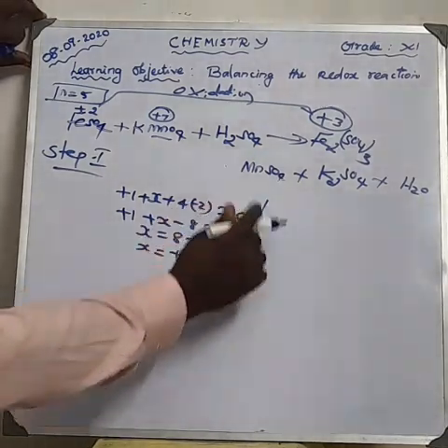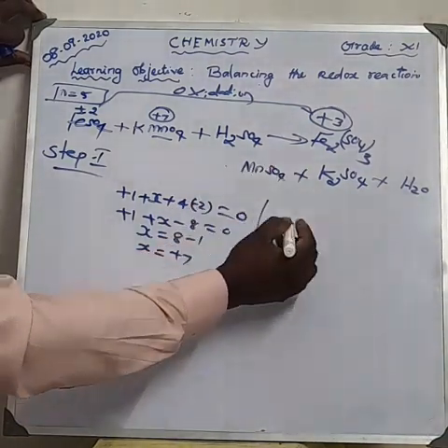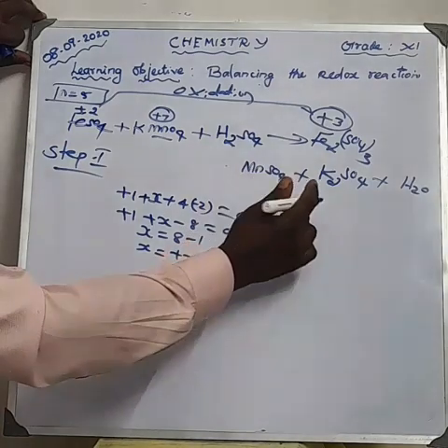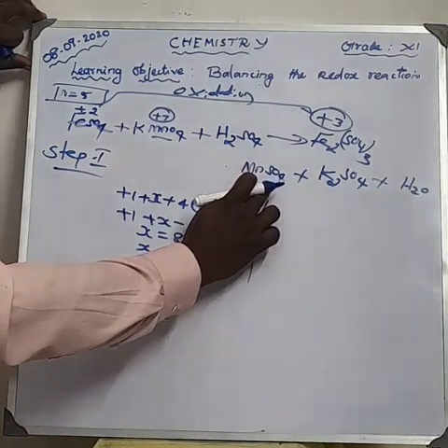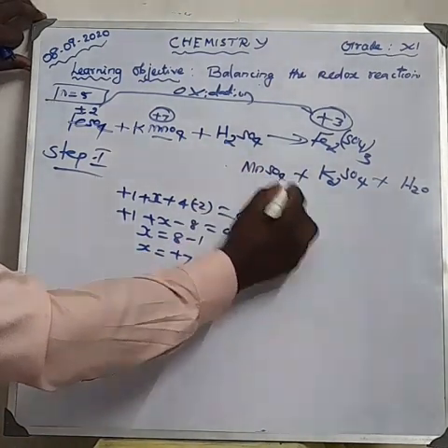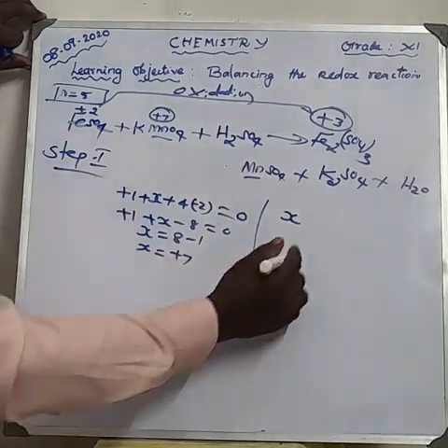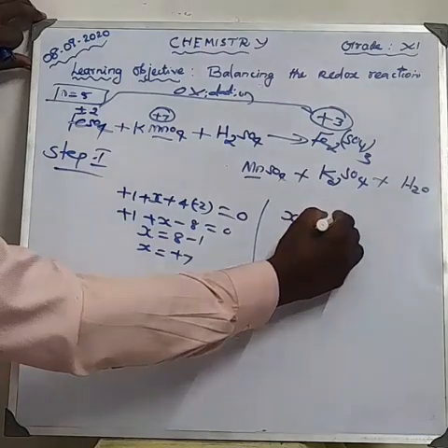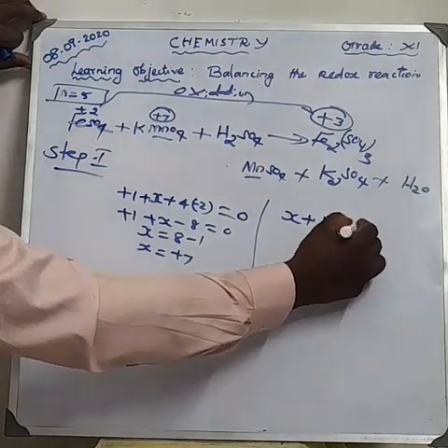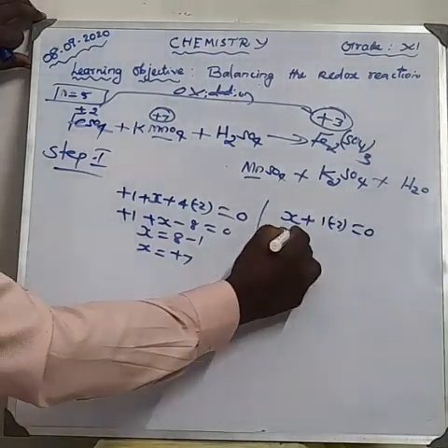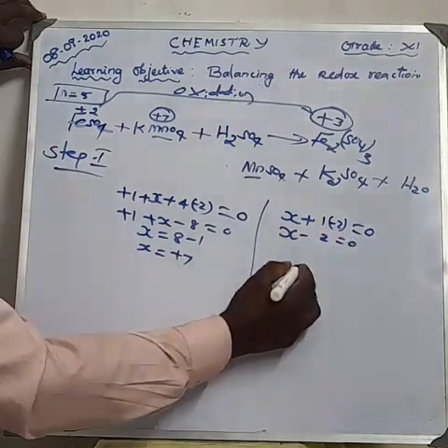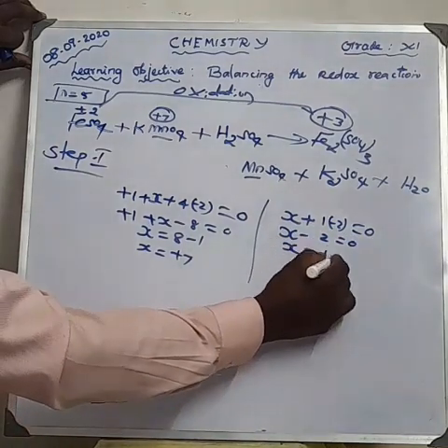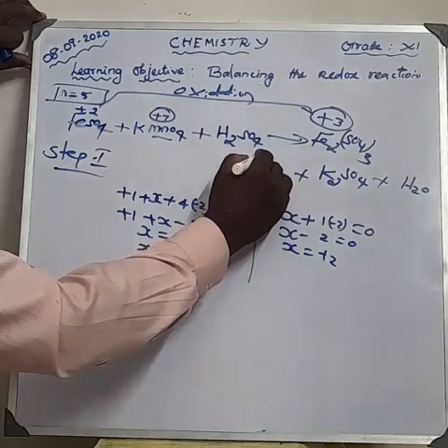Now the manganese sulfate: I told you that sulfate is minus 2, so Mn is taken as X, plus 1 into minus 2, equal to 0. X minus 2 is equal to 0, so X equals plus 2.